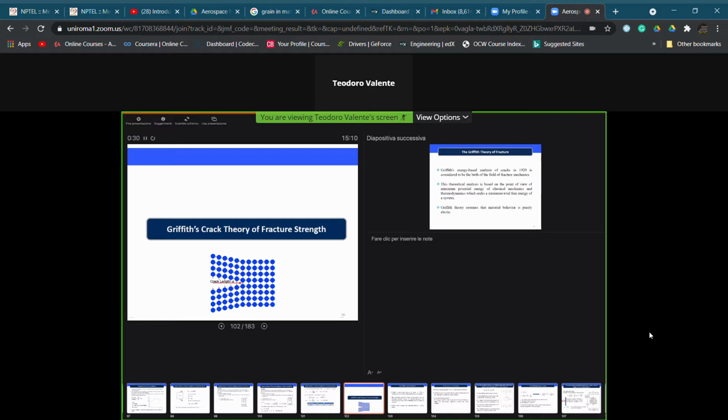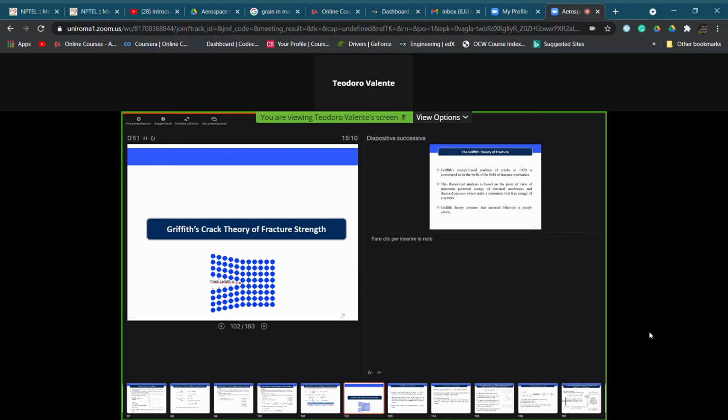Interesting because it allows us to define a quantity which sometimes can be used in order to make calculations. And this energy-based approach is called Griffith crack theory of fracture strength, obviously.